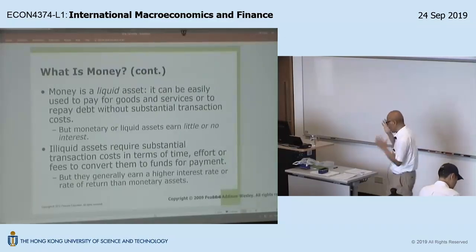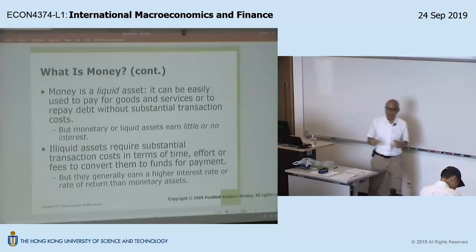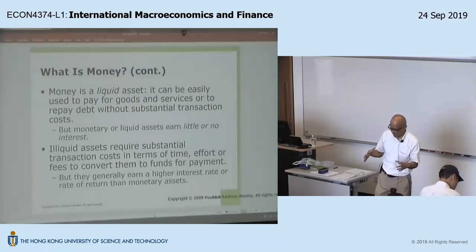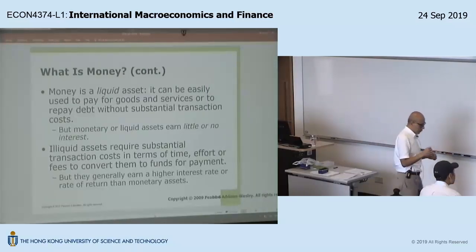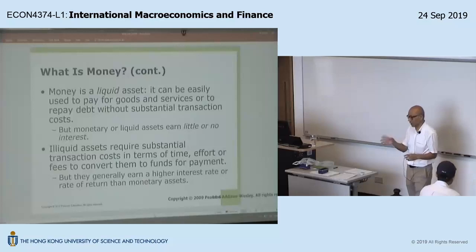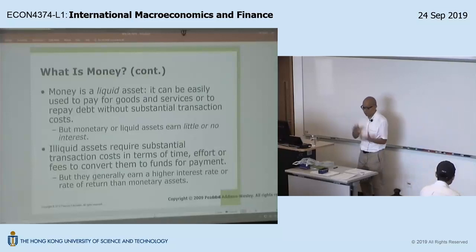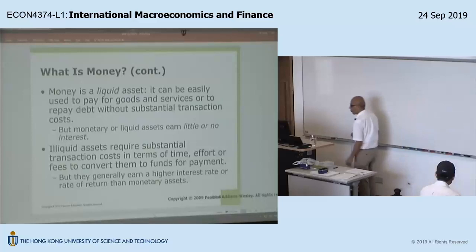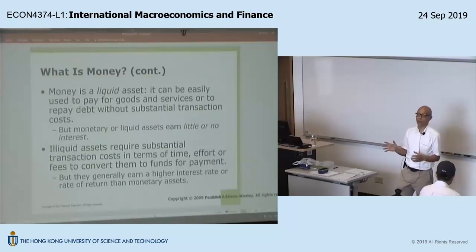So this is the basic trade-off when you hold monetary assets. And the demand for money equation, one aspect of it is capturing that trade-off. So that trade-off is liquidity versus interest rate. That exactly explains why demand for money depends on the interest rate, okay?